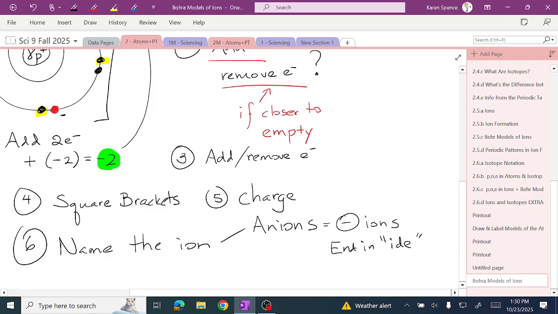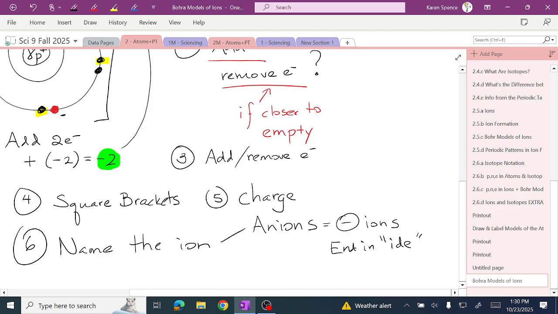It's not oxygen, it's oxide, and they always have 2 syllables. Okay? So you're always going to take the first syllable of the element name and then add "ide."